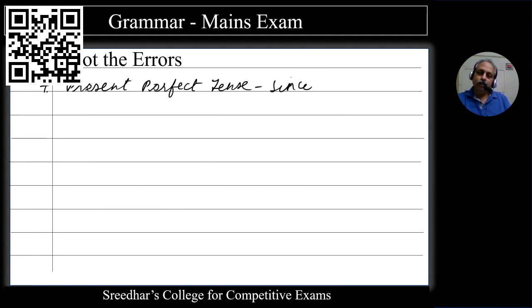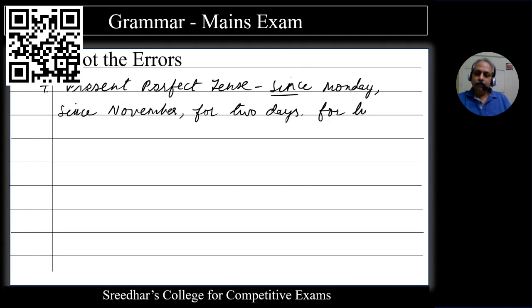We use two prepositions: since Monday, since November, one time phrase with the preposition since, and another time phrase with the preposition for. For 2 days, for 3 months.